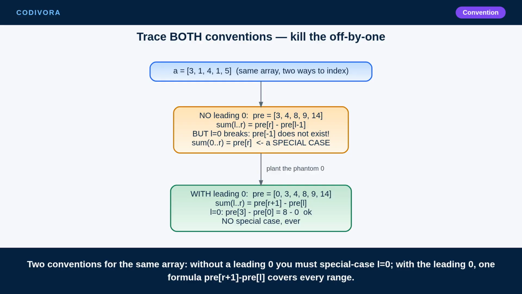Without a leading 0, the query is pre of r minus pre of l minus 1, but when l is 0, there is no pre of minus 1, so you need a special case. Add 1 phantom 0 at the front, and the formula becomes pre of r plus 1 minus pre of l, which handles start at 0 for free. Plant the phantom 0, and 1 whole class of bugs disappears.